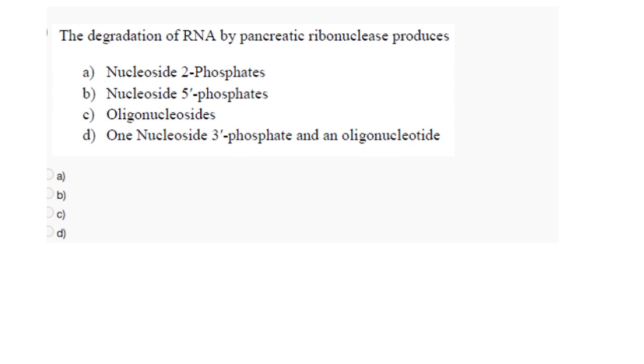The degradation of RNA by pancreatic ribonuclease produces two nucleoside 2' phosphates, nucleoside 5' phosphates, oligonucleosides, or one nucleotide 3' phosphate and an oligonucleotide.